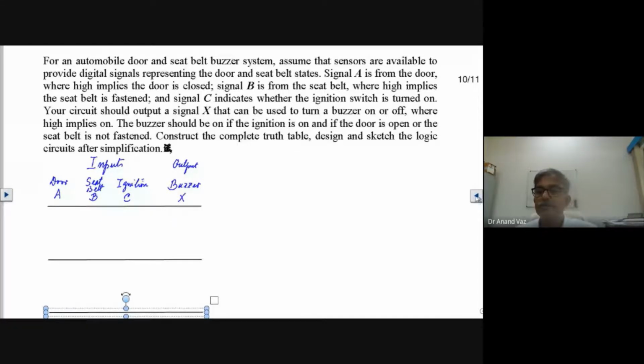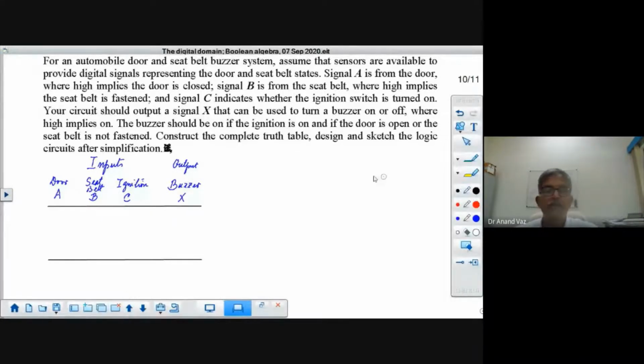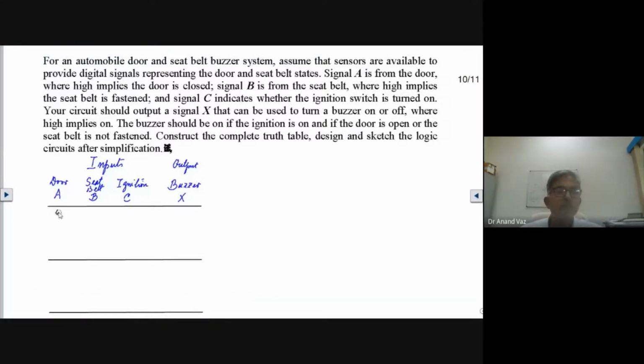So here we will have the row combinations like this. We may have the door open, seat belt not fastened, ignition not on. Second one, let us say, is door is open, seat belt is not fastened, but ignition switch is on.